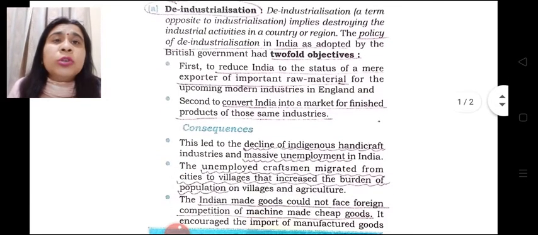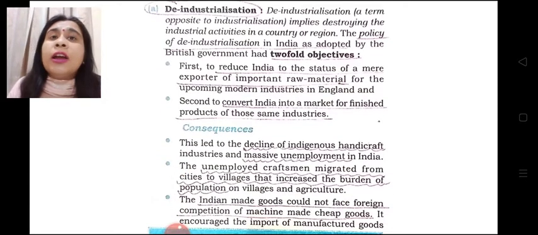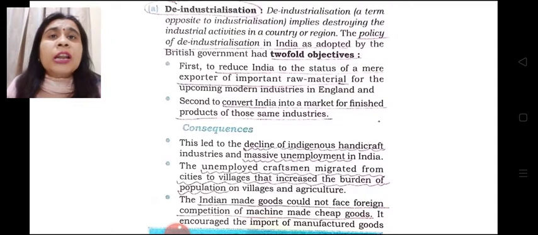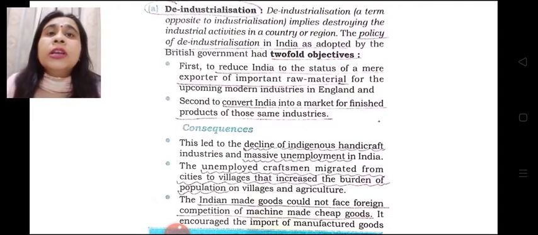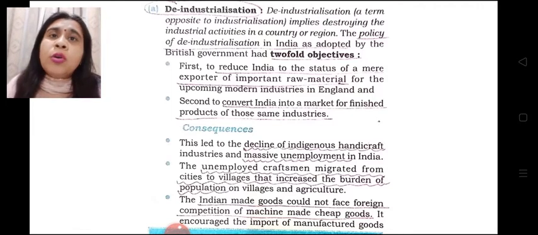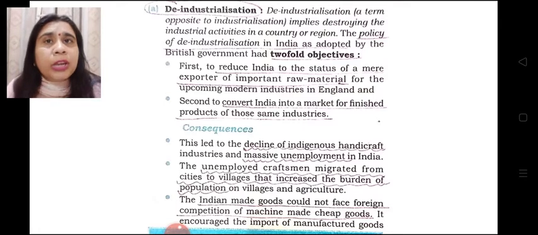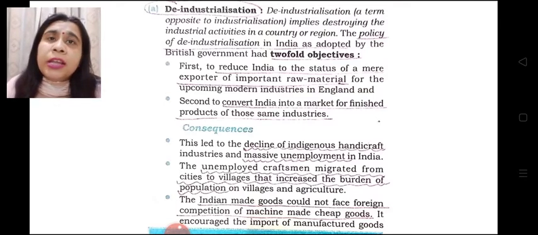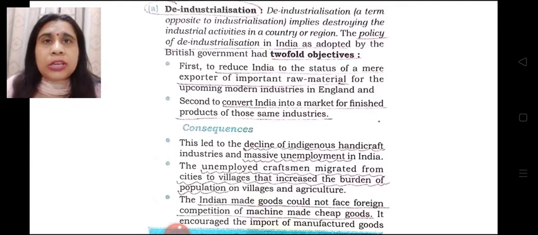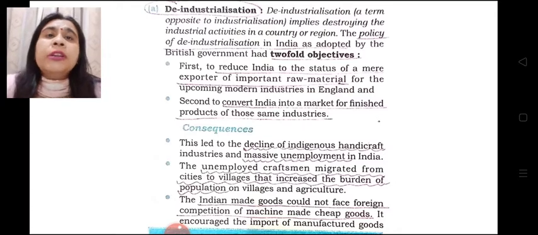This led to a decline in indigenous handicraft, which was famous in our nation. The artisans who produced these handicrafts exported them to foreign lands, and now, because of the competition from machine-made products imported from Britain, the handicraft industry declined and gradually decayed due to the discriminatory tariff policy.